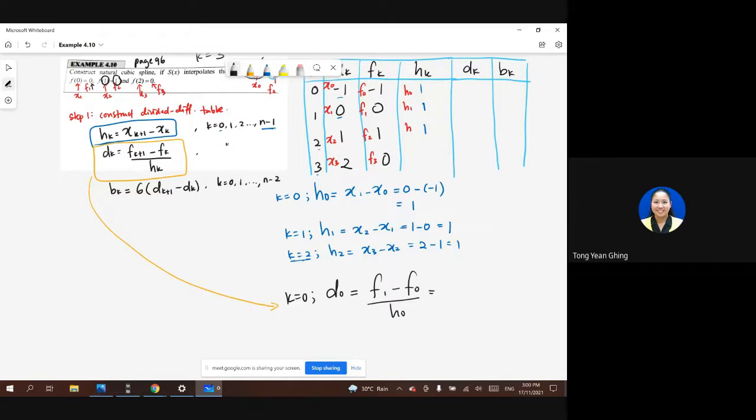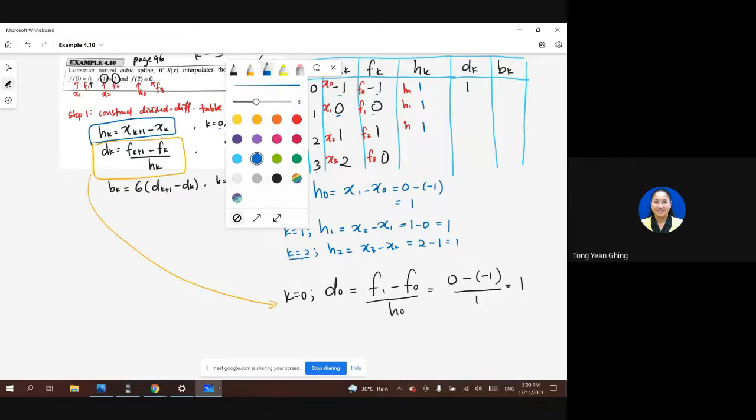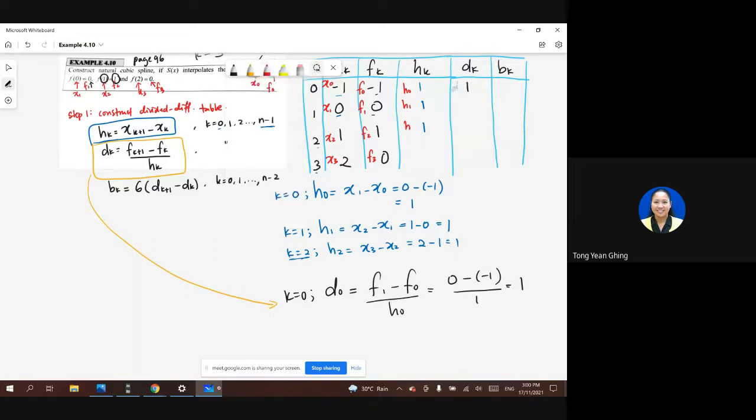So f1, where is it? 0 minus f naught is negative 1 divided by h naught is 1. So it becomes 1. So here is 1. D naught. And this is D naught. Okay.